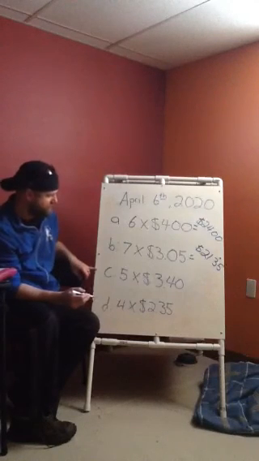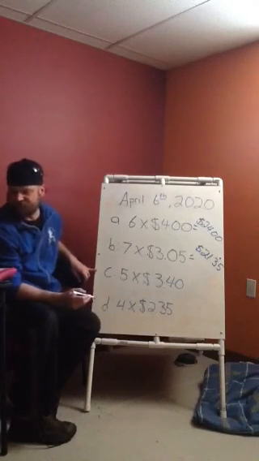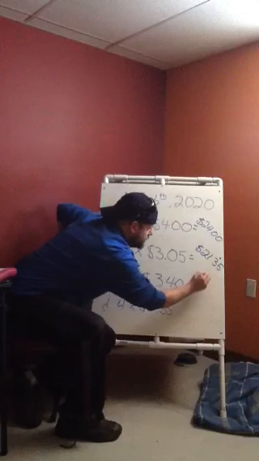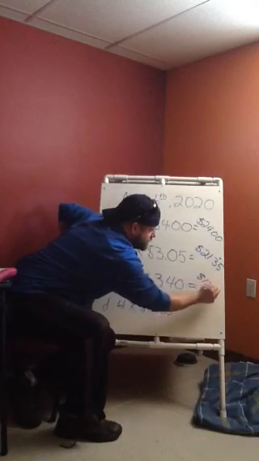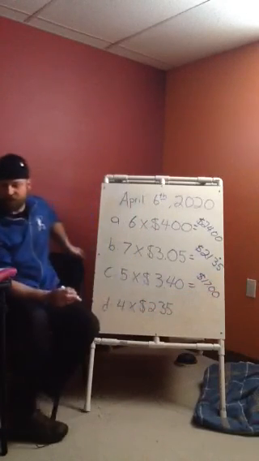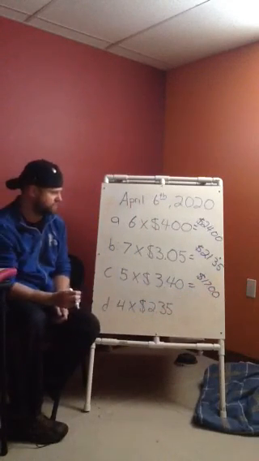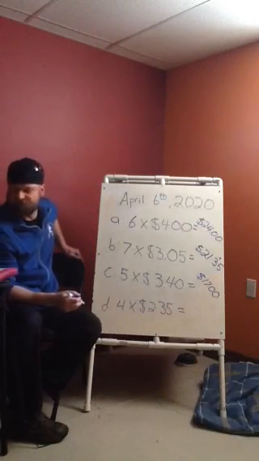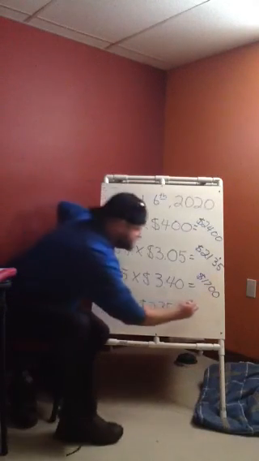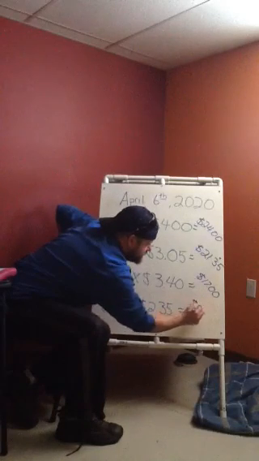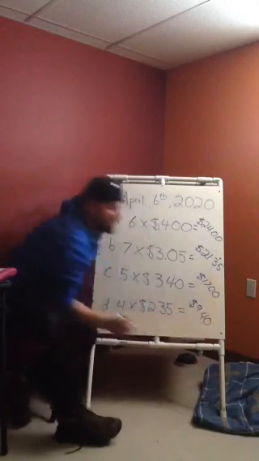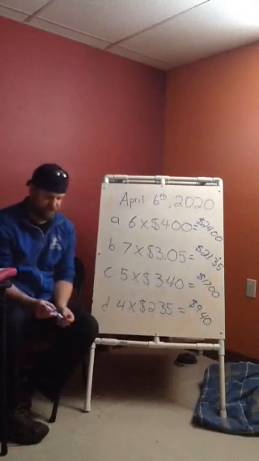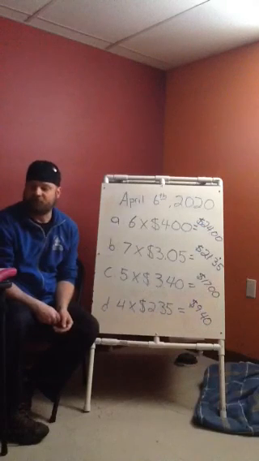Letter C, 5 times $3.40 should equal $17 even, so $17 for letter C. And letter D, 4 times $2.35 should give us an answer of $9.40.